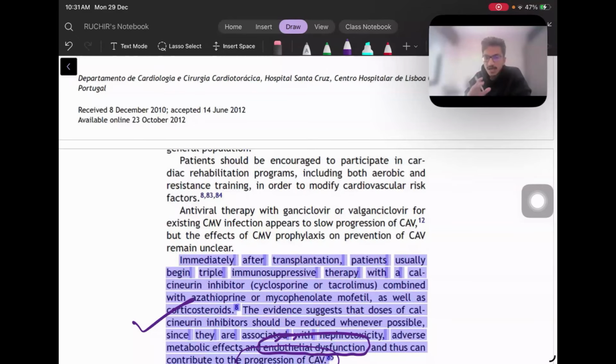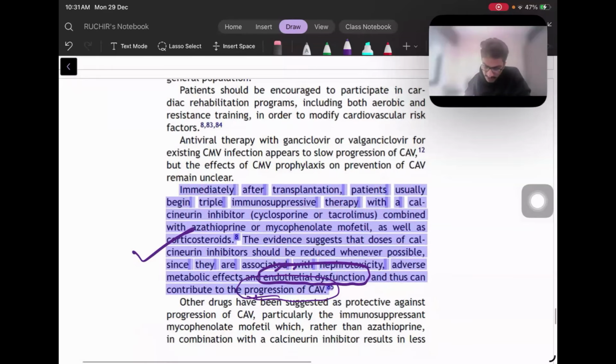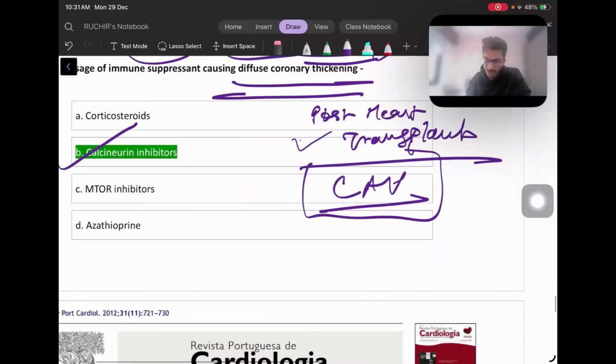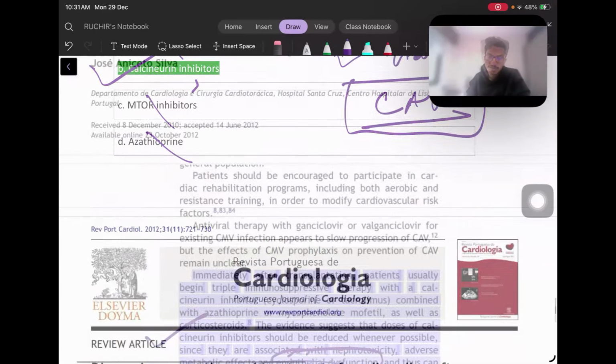So here I've gone through the articles, and there is a particular link between calcineurin inhibitors and progression of coronary or cardiac allograft vasculopathy. Then we need to switch from the calcineurin inhibitors to sirolimus or everolimus. So your answer is calcineurin inhibitors. There is no other answer of mTOR or azathioprine or corticosteroids.